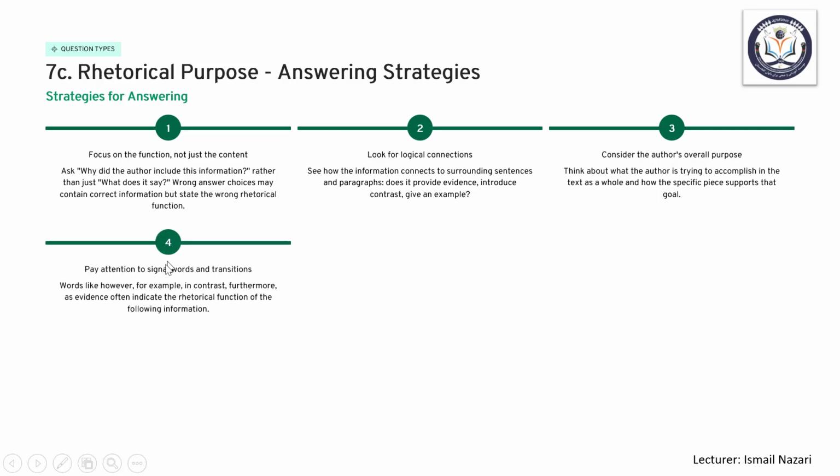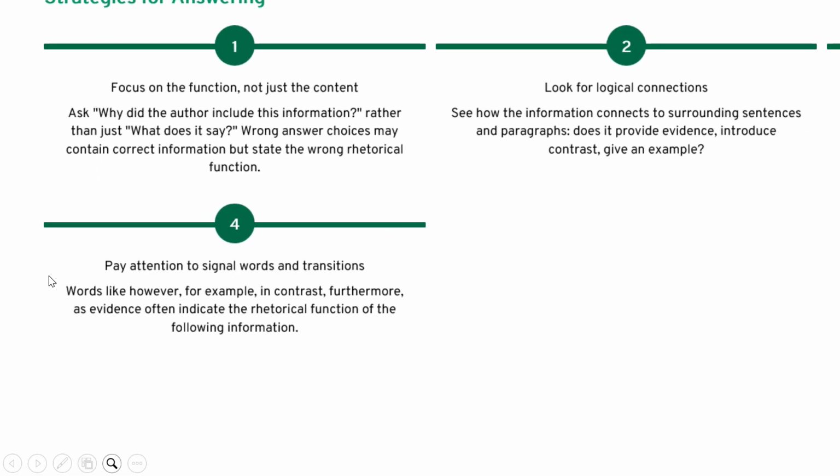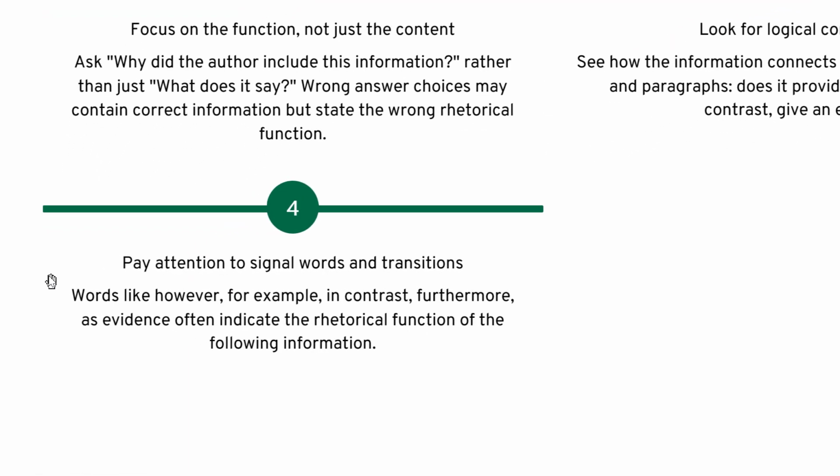The next is to pay attention to signal words and transition signals, which I told you are really important, especially to find the logical connection between ideas. If you have the word however, think: paragraph 1 talks about a specific point, and then the second paragraph starts with however. So which kind of relationship is here? Contrast. It means the second paragraph is providing contrasting ideas in relation to paragraph 1. If it is for example, it provides an example and illustration.